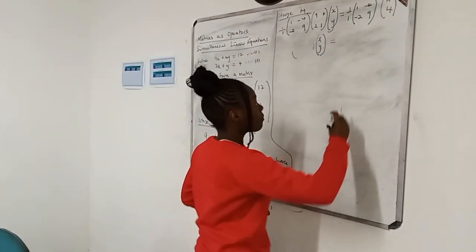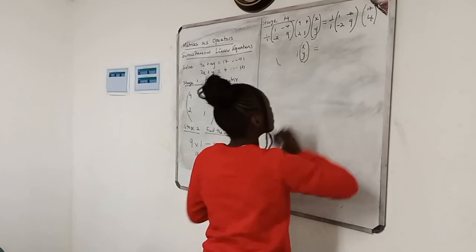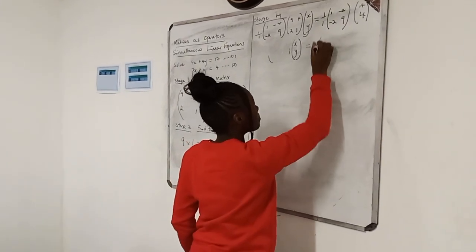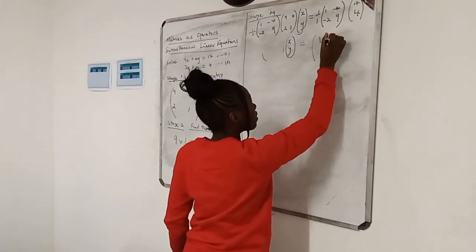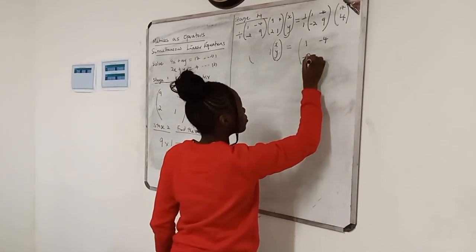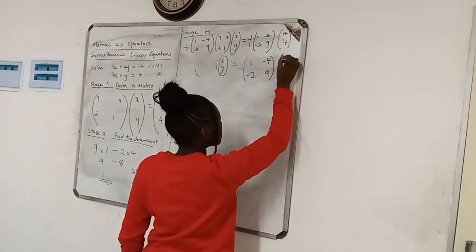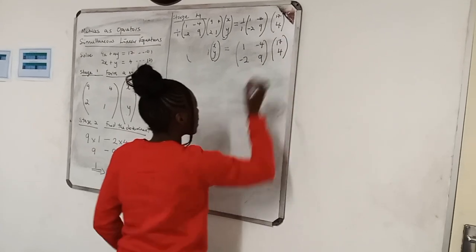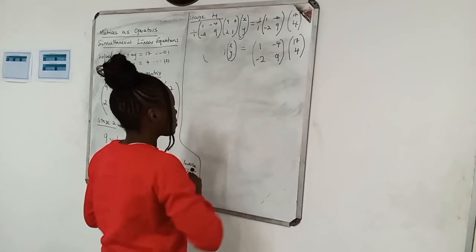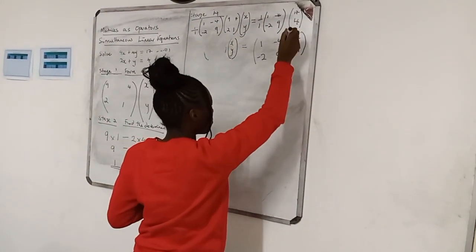Okay, so I'm multiplying these two matrices: 1, minus 4, minus 2, 9, multiplied by 17, 4. When I'm multiplying matrices, we say row by column.